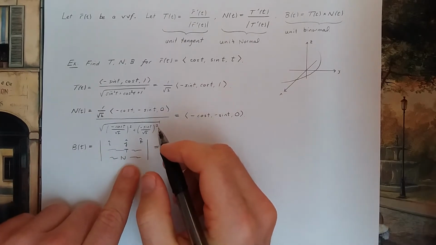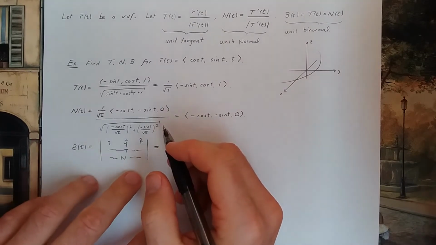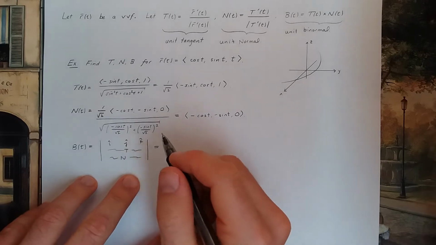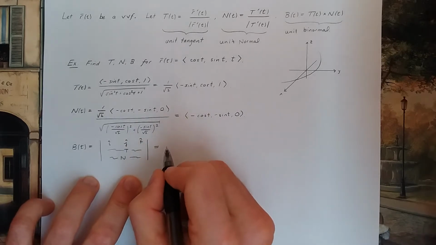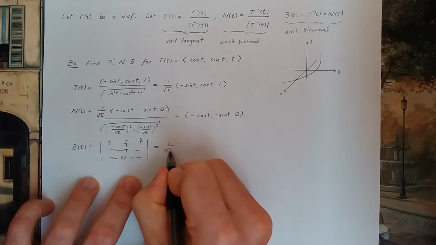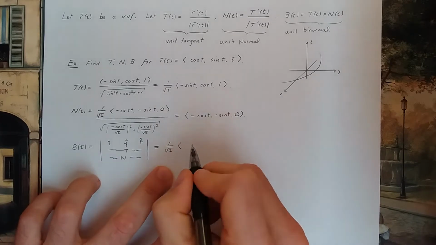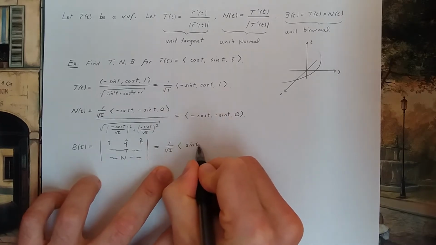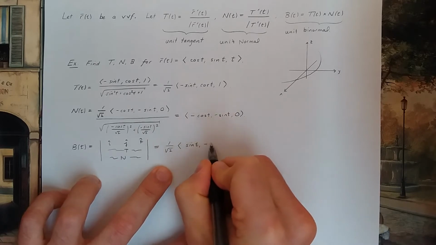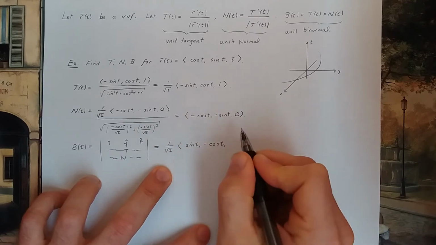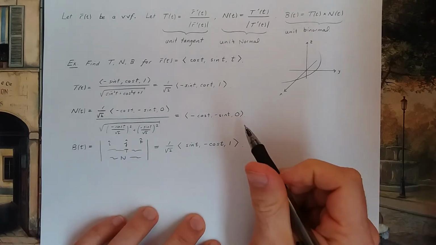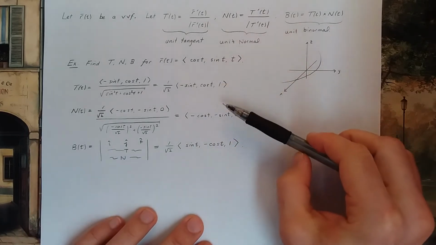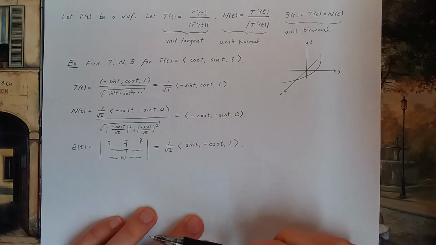I'm going to skip the calculation for the sake of this video, but it's not a difficult cross product calculation. And in the end, you will get 1 over square root of 2 times sine t, negative cosine t, 1. So here's an example of the unit tangent, normal, and binormal vectors.